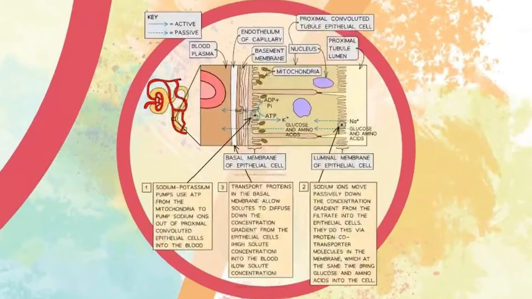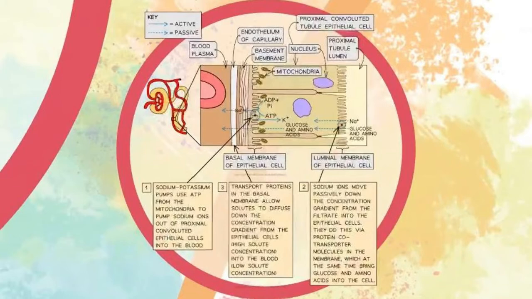It is carried out by actively transporting sodium ions from the epithelial cells to the blood, creating a low concentration of sodium ions in these epithelial cells. Sodium ions therefore move in from the lumen of the proximal tubule by diffusion, bringing with them a molecule of glucose. The glucose then diffuses into the blood capillaries.